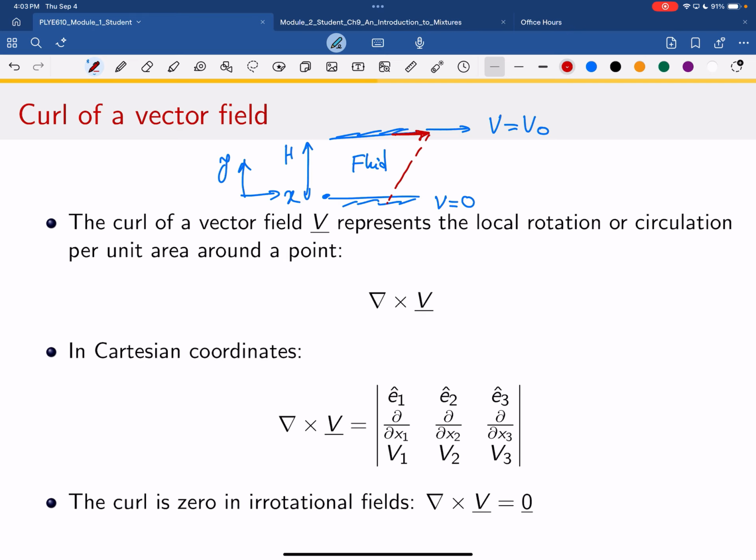On the top boundary I am moving with the velocity of the wall, and on the bottom boundary I'm stationary, so I'm sheared continuously. This is the typical velocity profile you have seen. The equation for this is Vx equals V0 divided by h times y.